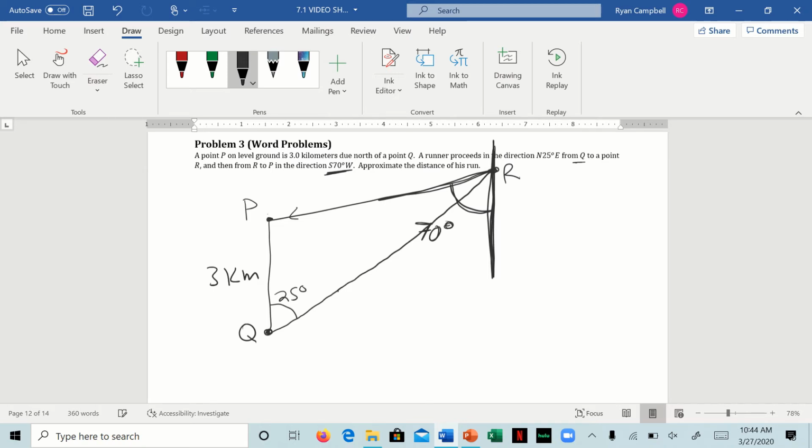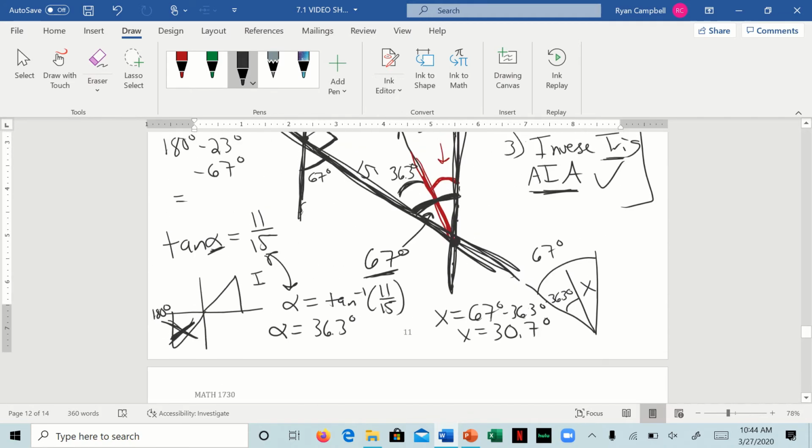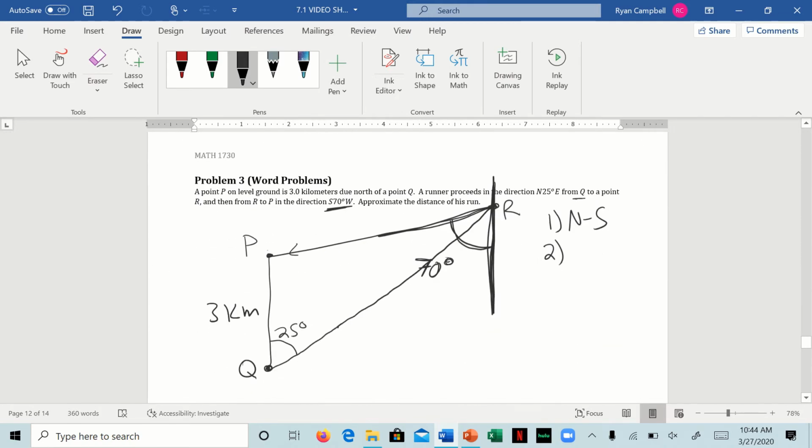All right. So we need to figure out what some of these angles are. So, 1, we already did, right? We already made our north-south line. 2, what was 2? Identify the angle.